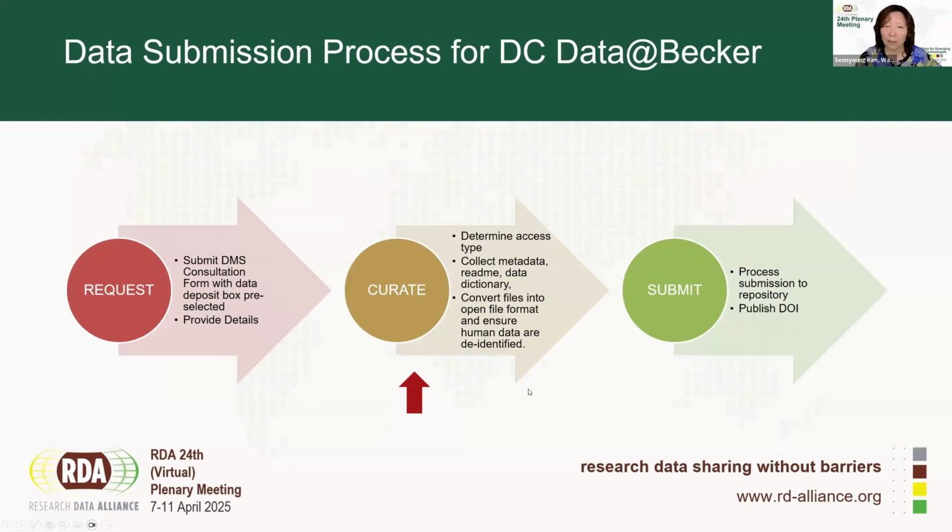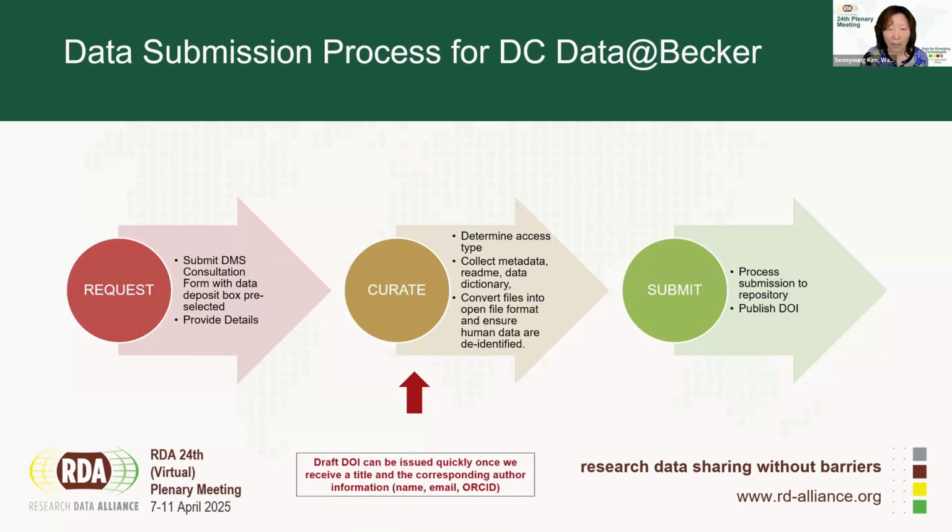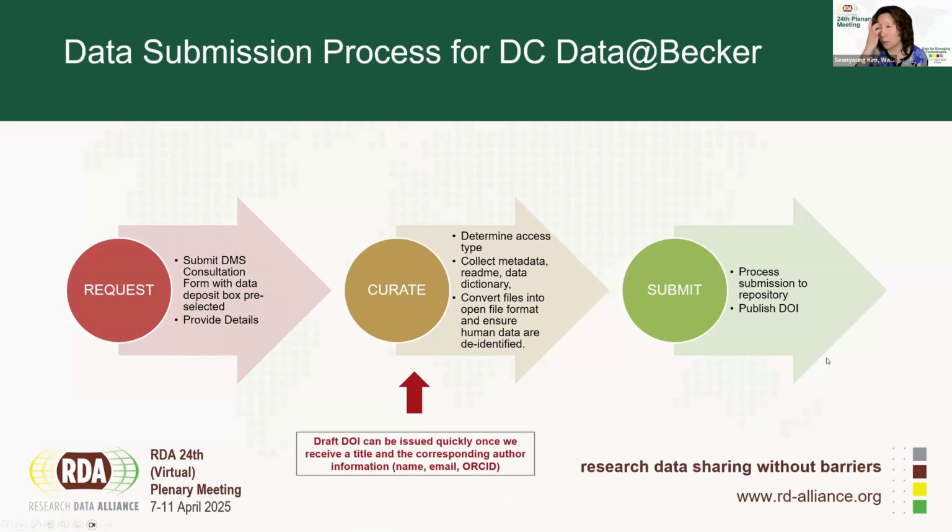After that, we collect the metadata, README, a data dictionary, and all the supporting files, and convert the files to open file formats. It's all part of the curation process. If it's human data, we make sure it's de-identified. Once the curation is complete, we submit the data to Digital Commons Data at Becker and then publish.